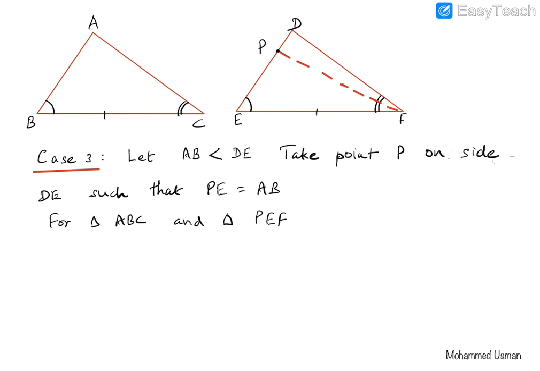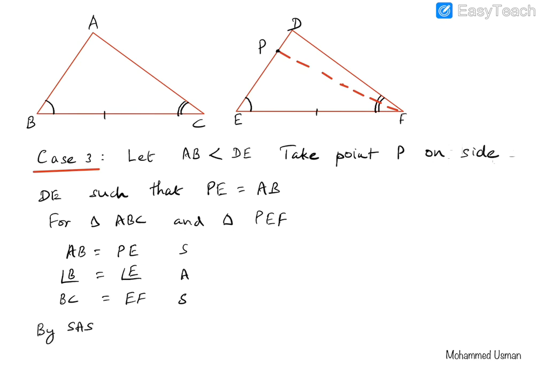So we'll have AB equals PE, angle B equals angle E, and the base is the same for both, BC equals EF. So again, that's a side, that's an angle, that's a side. So by SAS, these two triangles are congruent.